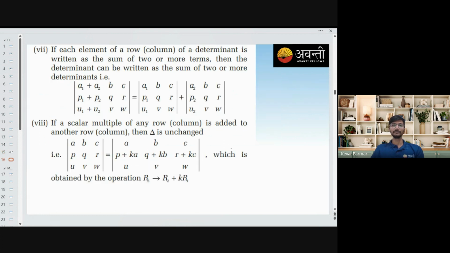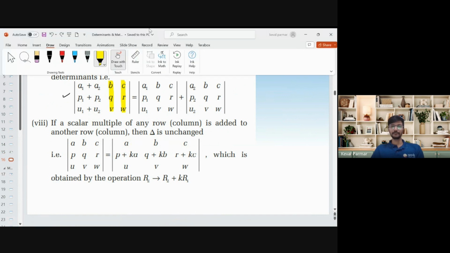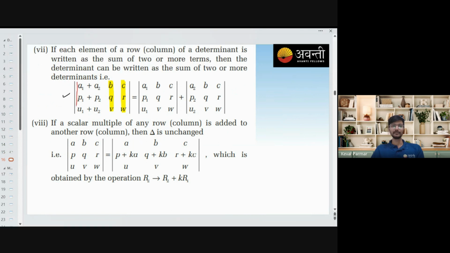Let's see other two important properties. You can see this, if one row of the determinant or one column of the determinant is expressed as sum of two numbers, then we can split it.